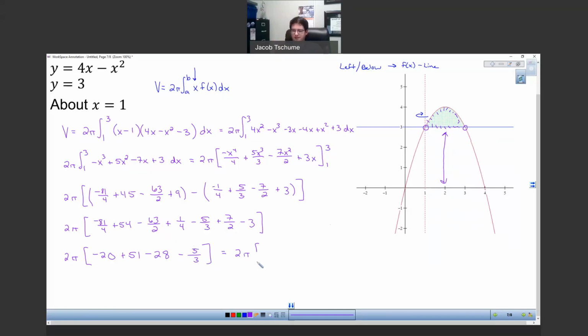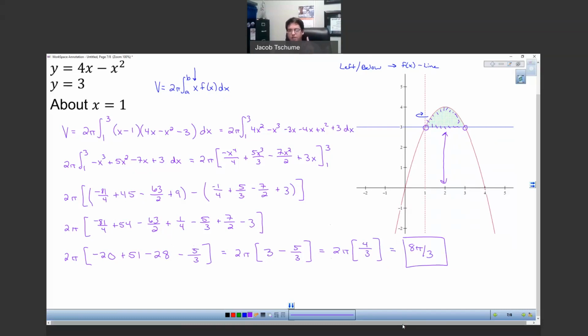So this is 2 pi times negative 20 plus 51 is 31, and 31 minus 28 is 3. I need to subtract 5/3 from that. So that would be 9/3. 9/3 minus 5/3 is 4/3. And then multiplying it by 2 pi, as far as your shell goes, your final volume here would be 8 pi over 3.